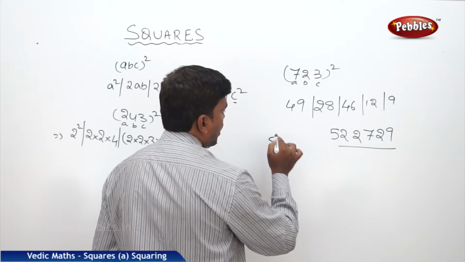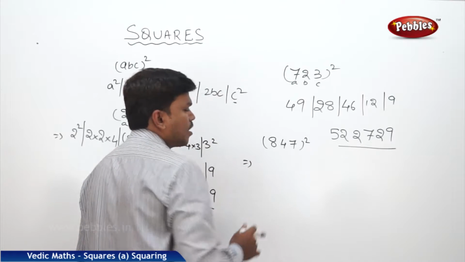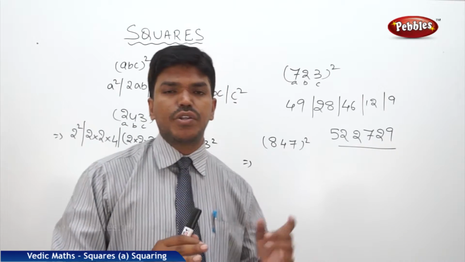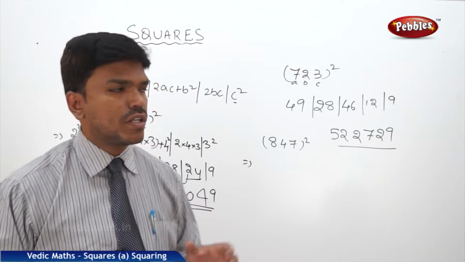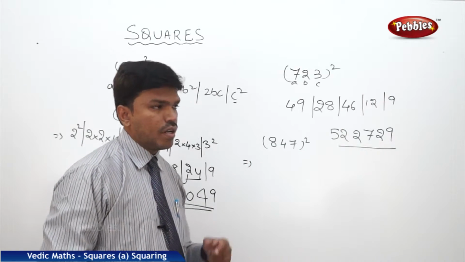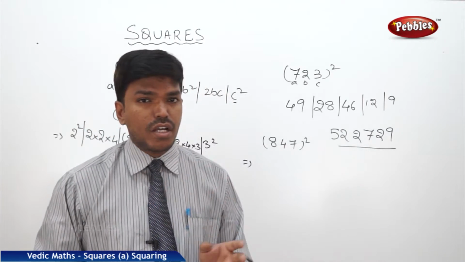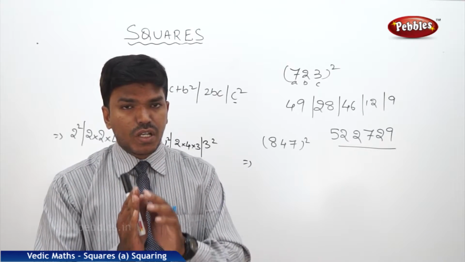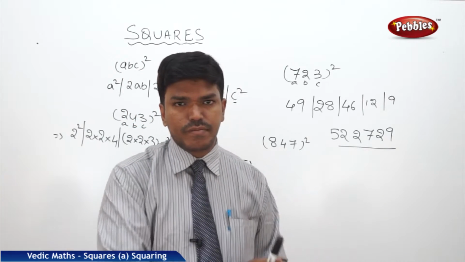I need 847 square. You need to remember the formula. Somehow you need to remember the formula and apply that in the triple digit square. So 847 square. What is the formula? If you start from left to right, the formula is a square, 2ab, 2ac plus b square, 2bc, c square.